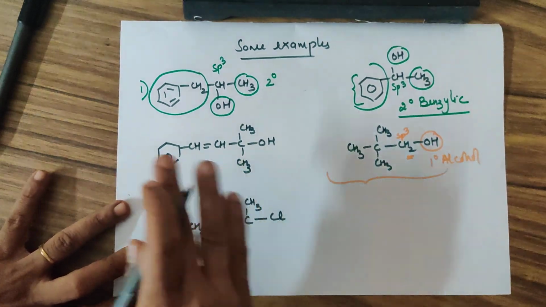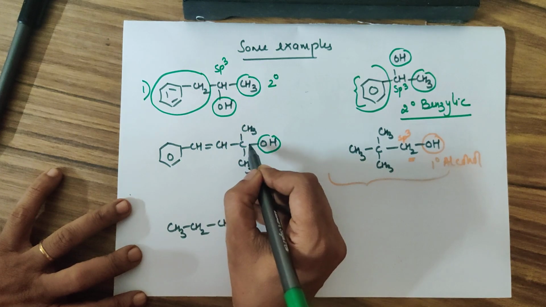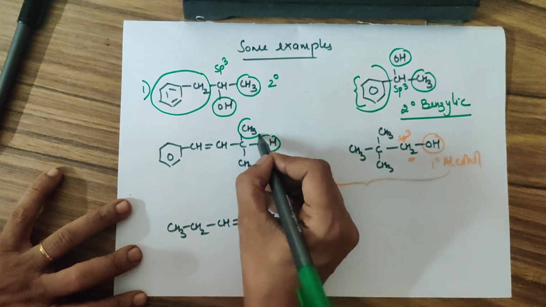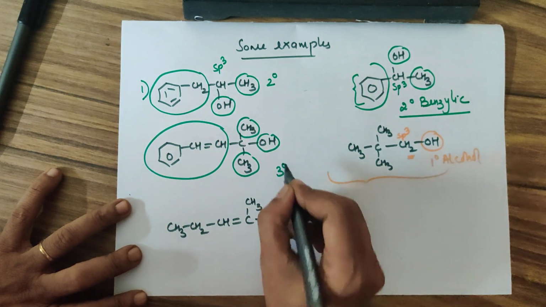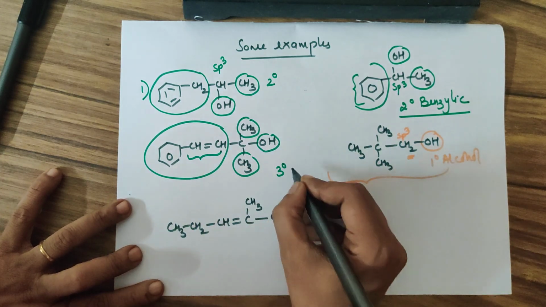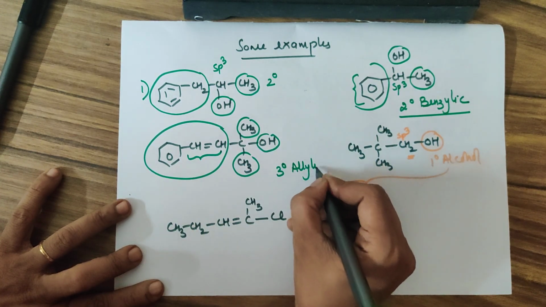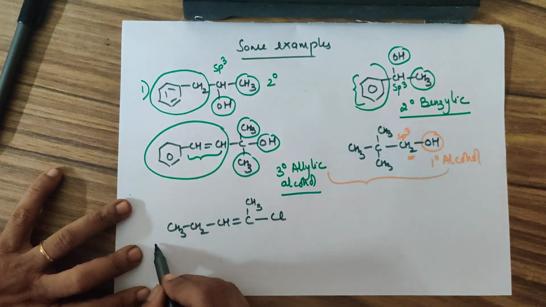Coming to this one, OH is attached to a carbon which you can see is sp3. This carbon has got 3 R groups, so it has to be 3 degree. Apart from this, the carbon is attached to a double bond unit, so it is 3 degree allylic alcohol. Fine. Think about this one.